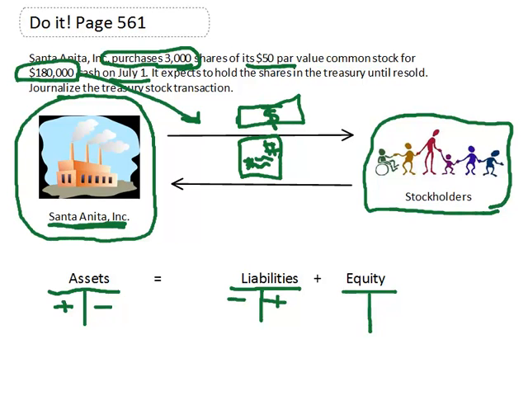Liabilities are the opposite, as are equity accounts. So we know that the corporation gave cash. If we gave cash, cash is an asset. Is cash going up or is cash going down? Well, if we gave it, it's going down. So we know that we're going to credit cash.